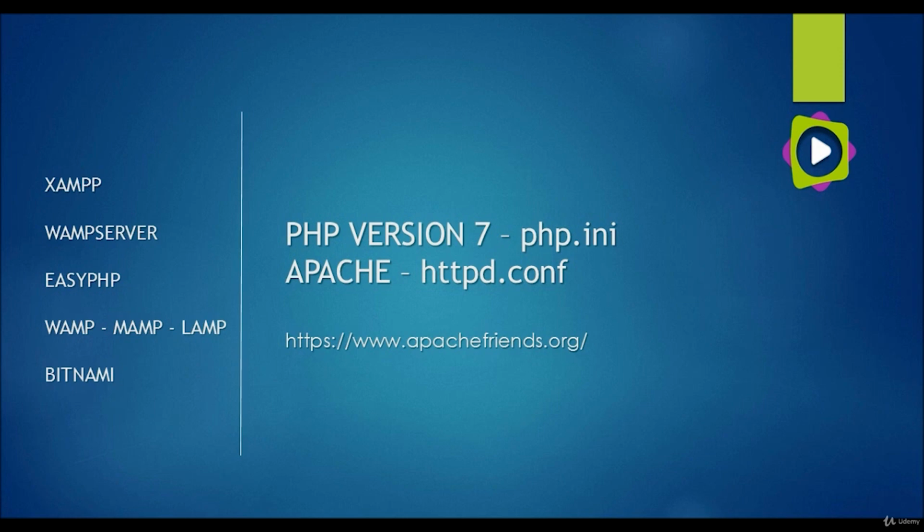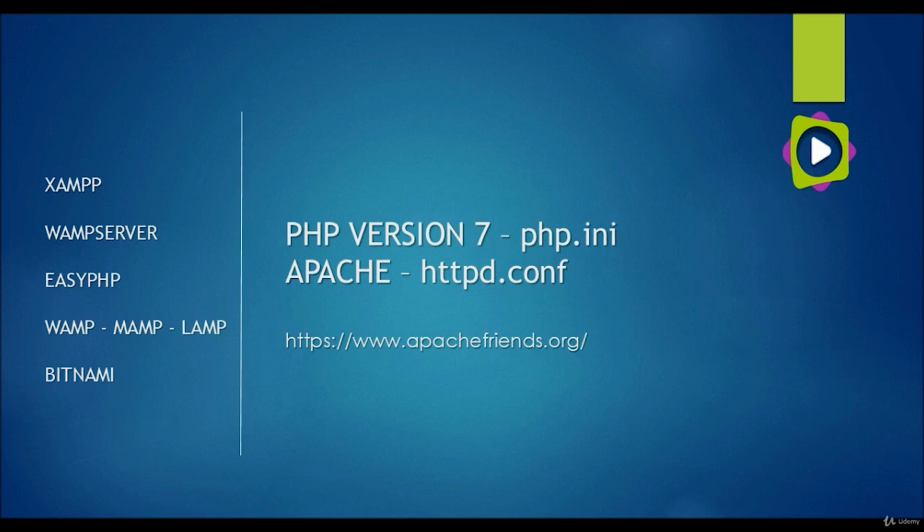So, to avoid differences or issues with what I teach you, or maybe you have problems with object-oriented programming in PHP because the version could be the same, but the php.ini file is configured in a different way, or the same happens with the Apache module and the httpd.conf file, which could be configured in a different way in another local server. So let's use the same local server and the same configuration.